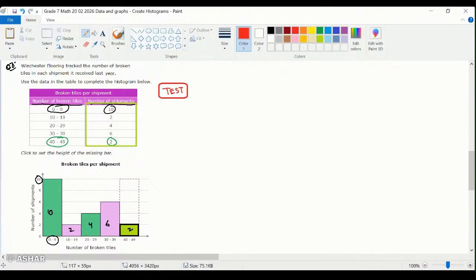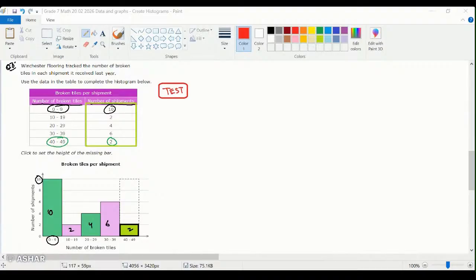Okay, let's go to maths, grade 7. The chapters were chapter number 23, lesson number 9. And let's look at the test. The first question for the test is, it takes a moment, please.